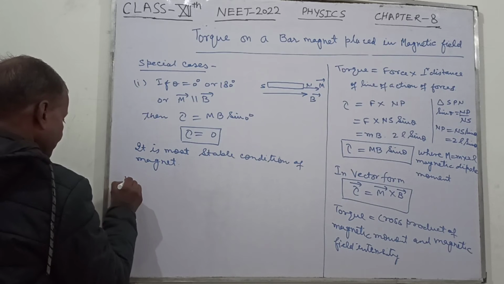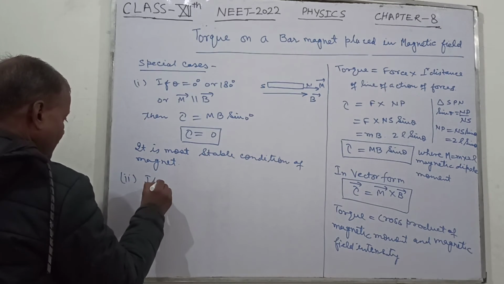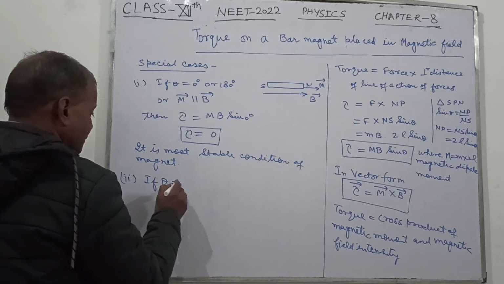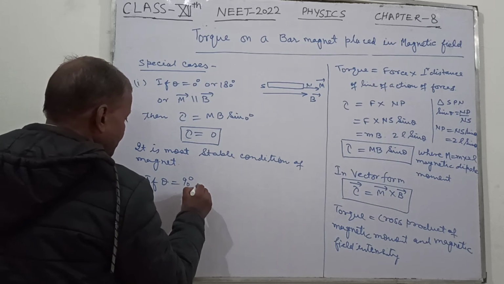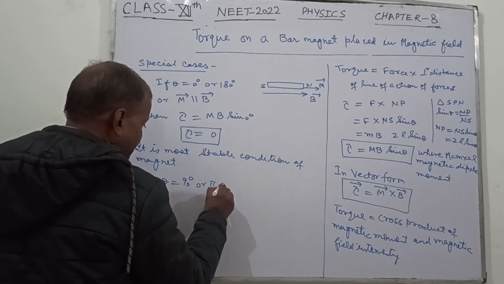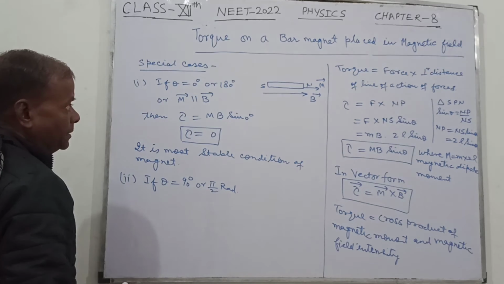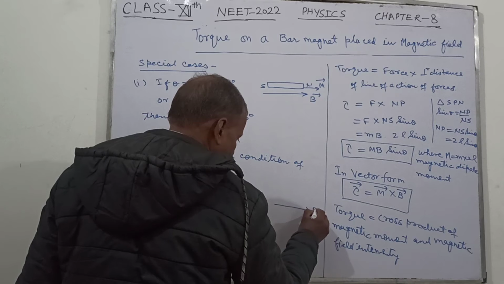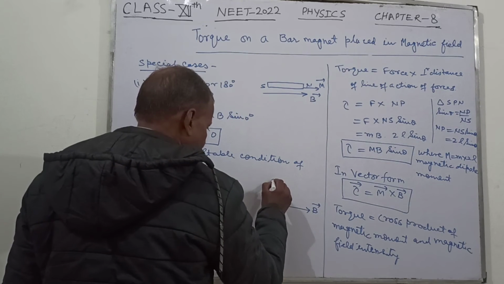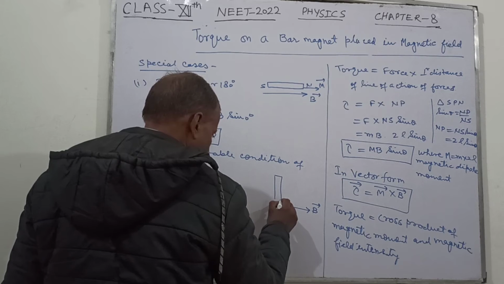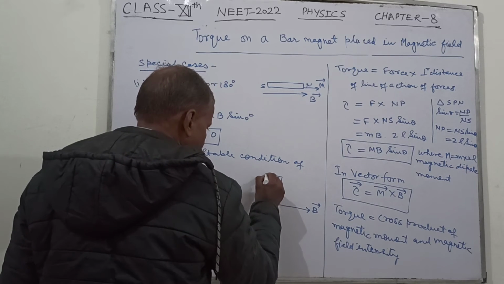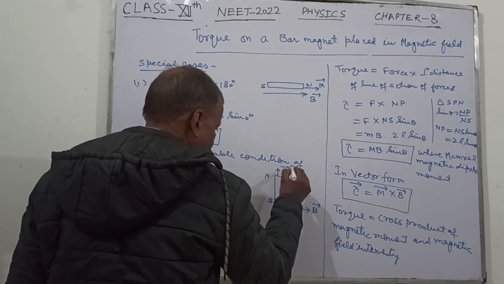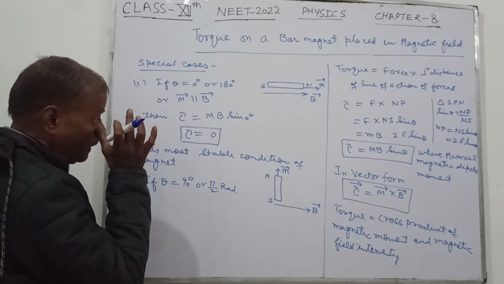Now second, if theta equal to 90 degree or pi by 2 radian. In this, let this be the magnetic field B and the magnet is placed in this way. This is S, this is N, then magnetic moment will be in this direction M. So now they are mutually perpendicular.